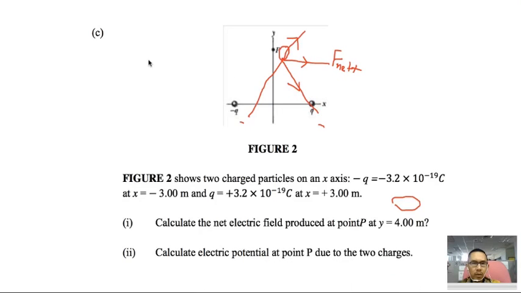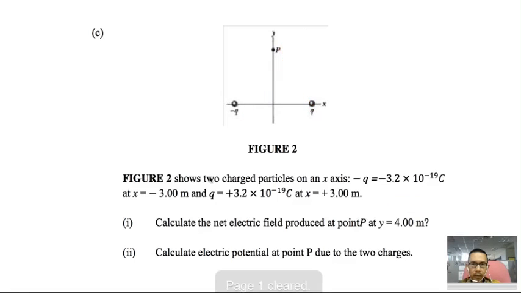And this is number C, sorry. You have two charges, negative Q and positive Q, and the point P. The magnitude of charge Q is given by the equation.